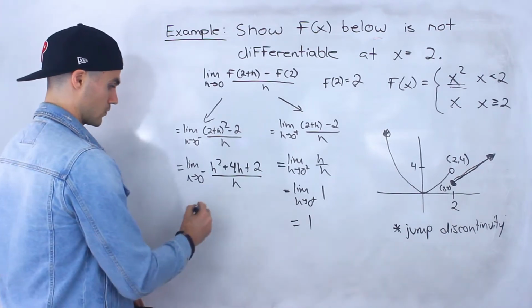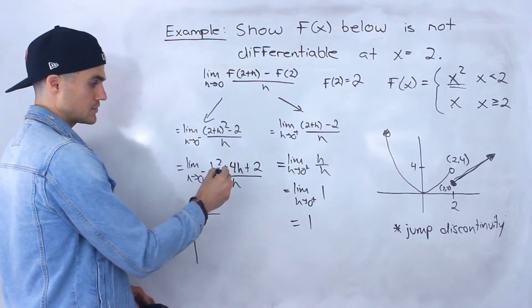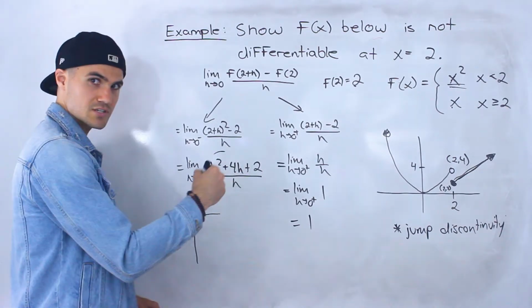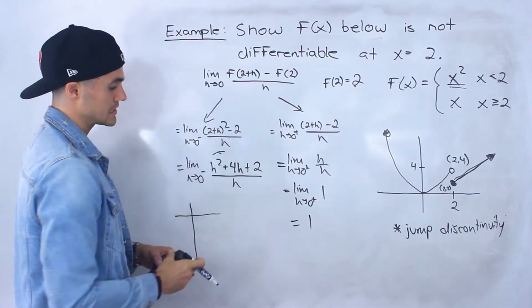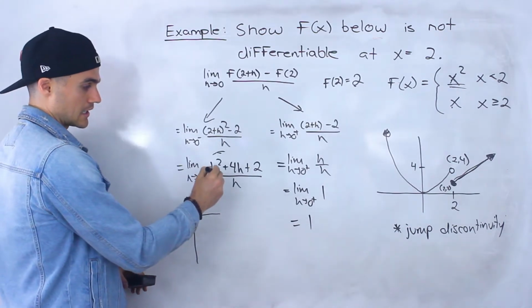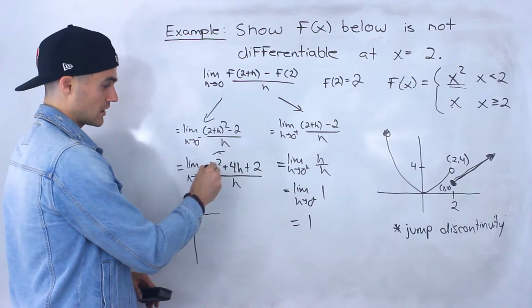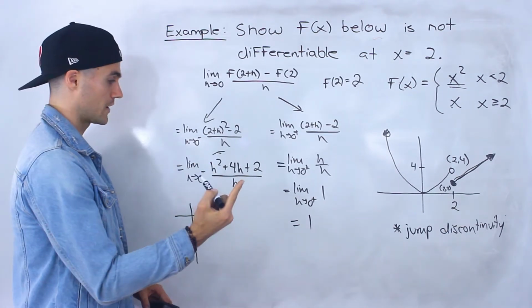Versus this one, unfortunately, we're going to have to do some other work. I'm going to show you graphically how you can do this. But if you don't know how to graph this right away, it's going to take a lot more work, because if you remember from rational functions and advanced functions, this is going to have an oblique asymptote, because the degree up here is greater than the degree in the denominator by 1.